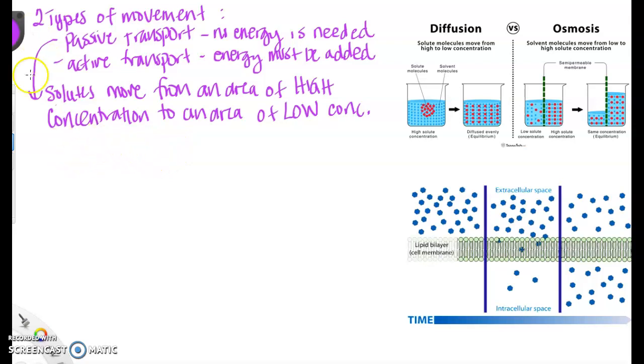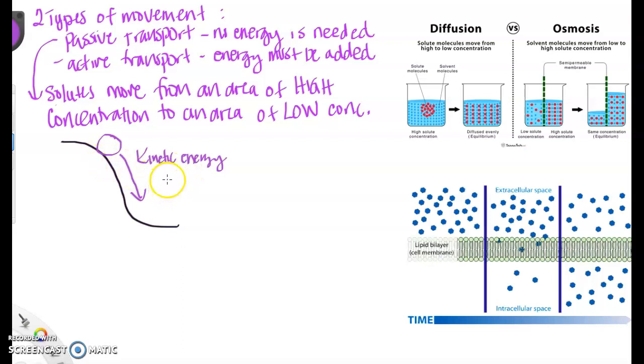If you have, for instance, a hill, and you put a ball at the top of the hill, and you just let it go, it's going to go down passively with its own kinetic energy. We don't have to push it. We don't have to do anything. It just rolls down the hill.